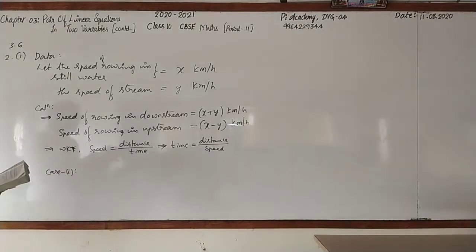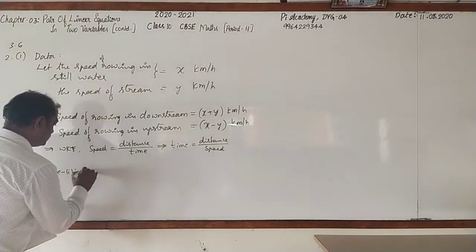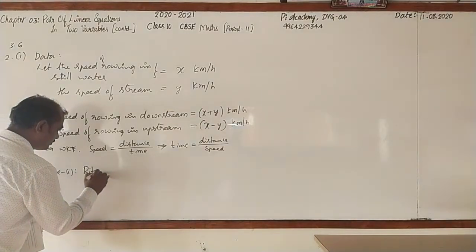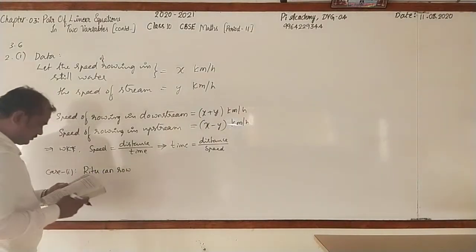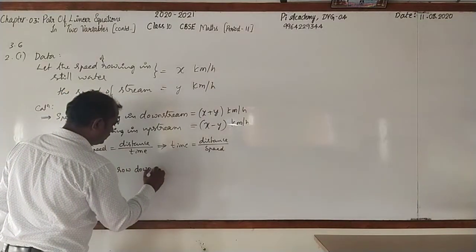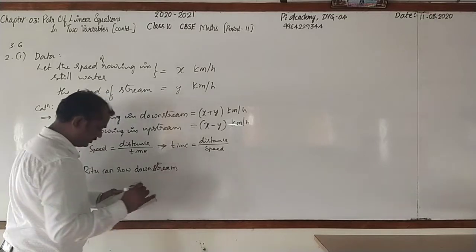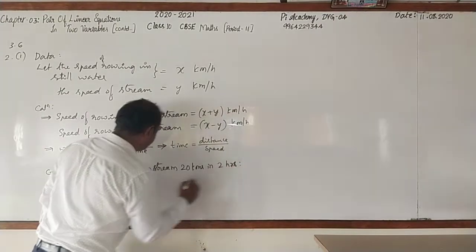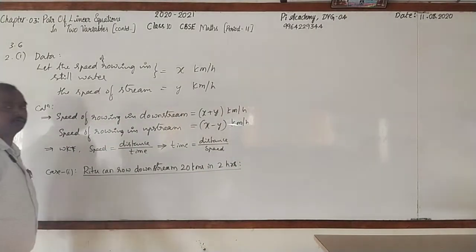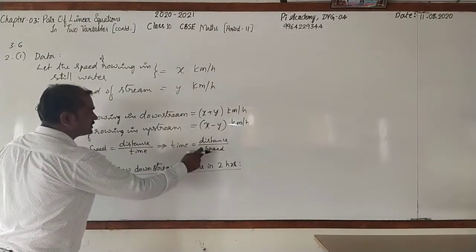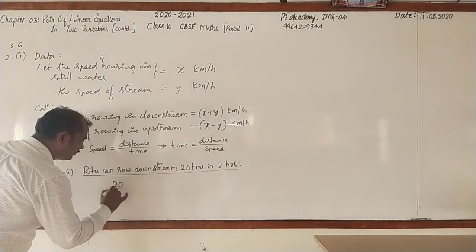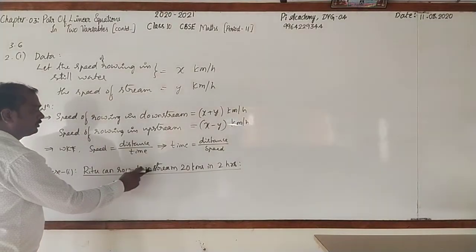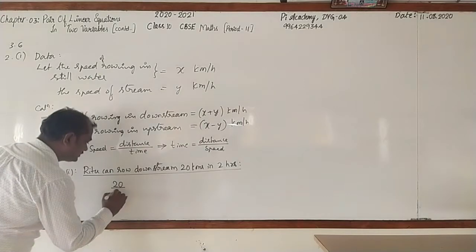First case, what has been given? Ritu can row downstream 20 kilometers in just 2 hours. See that time has been given, 2 hours. So time is equal to distance by speed. What is the distance? 20 kilometers. What about the speed of rowing in downstream? It is x plus y.